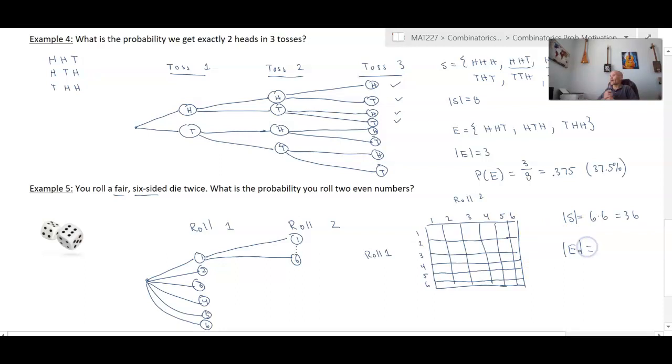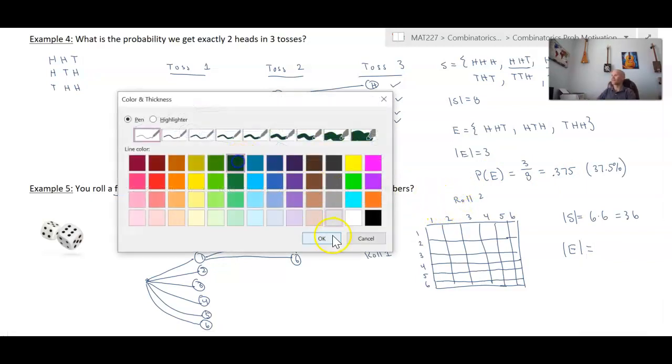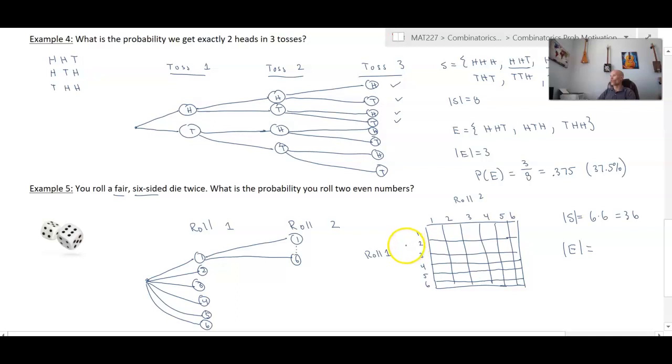Now, I need to figure out how many ways my event can happen. And again, I don't want to list out all those possibilities because there's probably going to be a lot of them. But what I do know is that in order for both rolls to be even, that means roll 1 can be a 2, a 4, or a 6. So I know that row 1, row 3, and row 5 are not going to lead me to the event that I want. Also, roll 2 will have to be either a 2, a 4, or a 6.